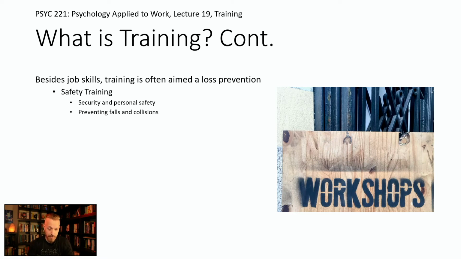Certainly up in the north here, it is not uncommon at the beginning of every winter to have some training sent to you that you need to go in and follow, to be reminded of how to walk on icy parking lots, because people slipping and falling and breaking their hip or knocking their head on the company's icy parking lot is a big deal and represents lost work and liability for the company.